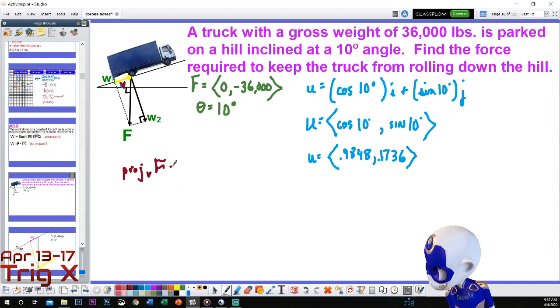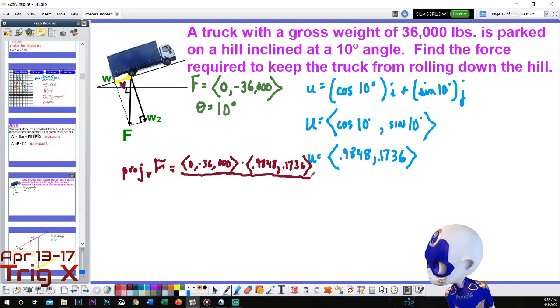So I'm going to take my F vector dot my u vector, 0.9848, 0.1736, and then on the bottom, I'm just using that same formula that I was using before.